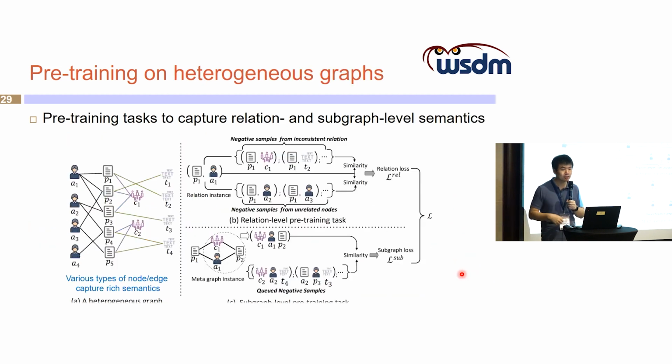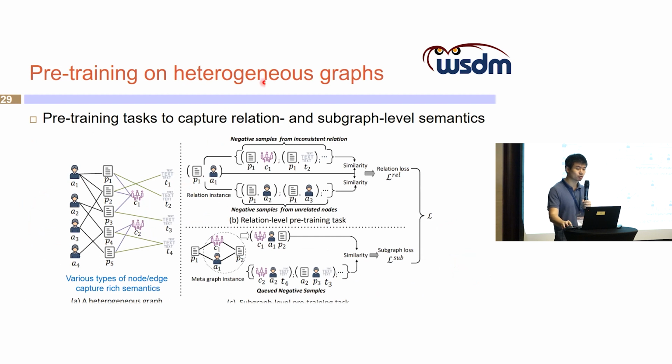Of course, we can also extend them to heterogeneous graphs, where we have different kinds of node types and node relations. Due to time constraints, I'm not going into the details of the heterogeneous graph, but the basic idea is, apart from capturing the structural information on the graph, we also try to capture the semantic information on the graph.